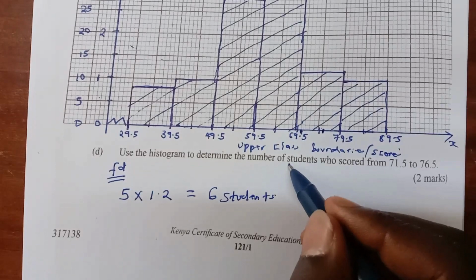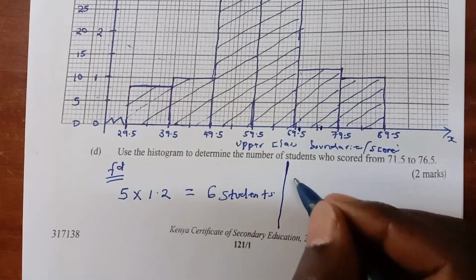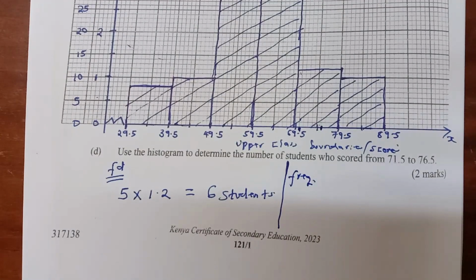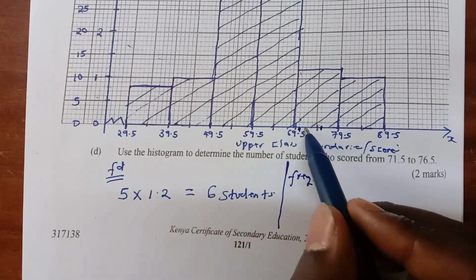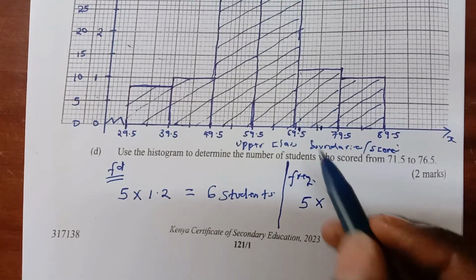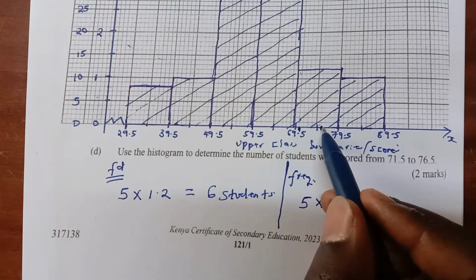6 students. But for a student who plotted frequency, that is frequency against upper class boundaries, we will count the squares here, there are 5 of them from 71.5 to 76.5.